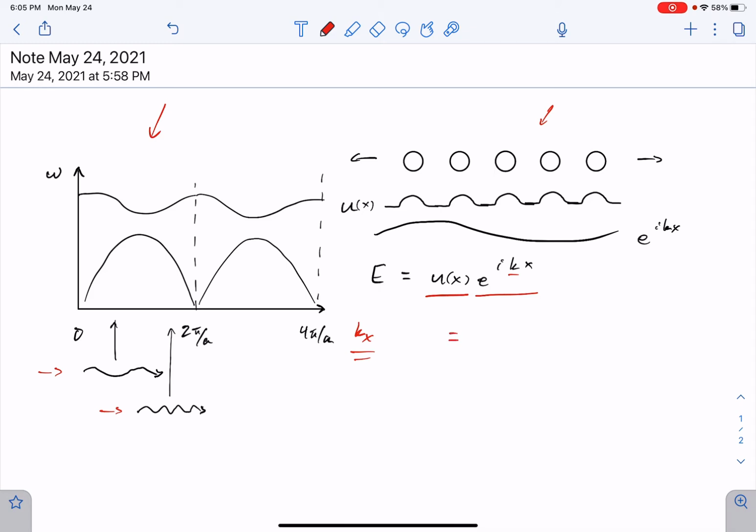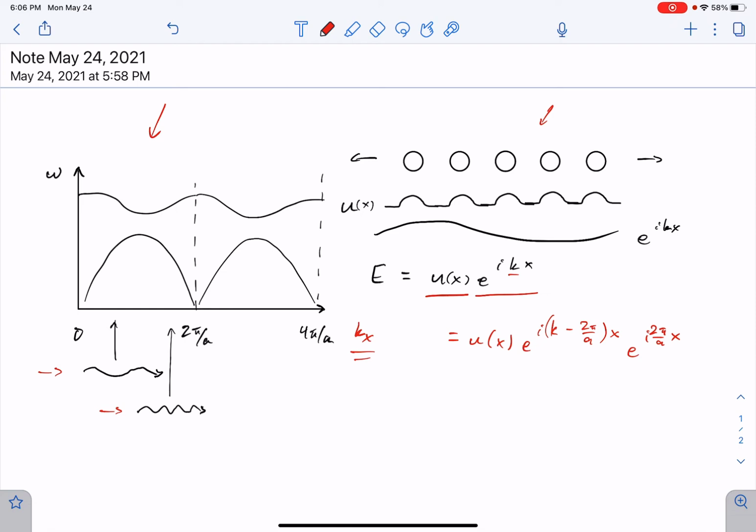So what you can also do is you can say this will now be the same u of x, the same periodic function, times e to the i (k minus 2 pi over a) x times e to the 2 pi i over a x, I guess.